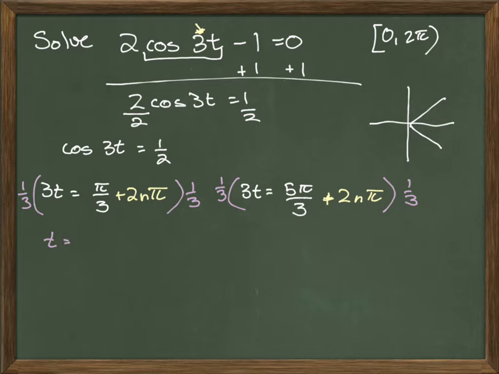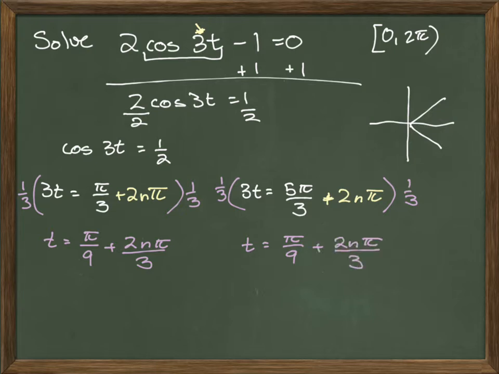T equals, if we multiply everything by 1/3, that's pi over 9 plus 2 n pi over 3.